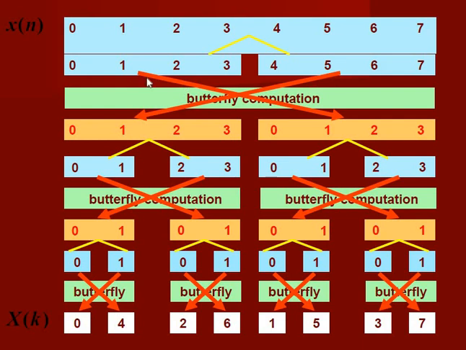Now in between these two parts, we will compute a butterfly. Secondly, this part is split in two parts and this part is split in two parts. Again, no need for going with odd and even numbers. After that, we again compute another butterfly for both parts.